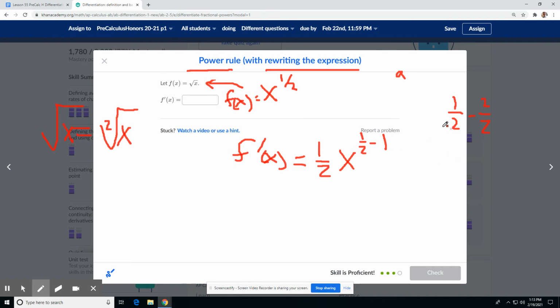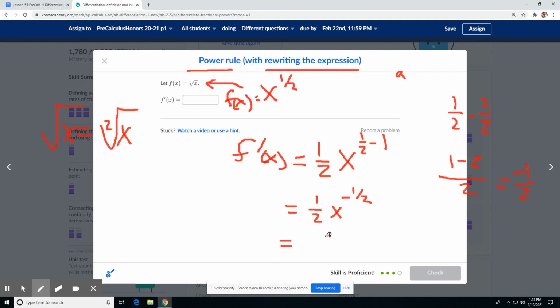But that's okay. Just go ahead and take your time on these. You don't want to make any mistakes on your fraction or your arithmetic. Doing calculus, it's really easy to make a mistake with adding or subtracting fractions sometimes. All right, so this is 1 minus 2/2, and this is negative 1/2. So all this turns into 1/2 x to the negative 1/2.